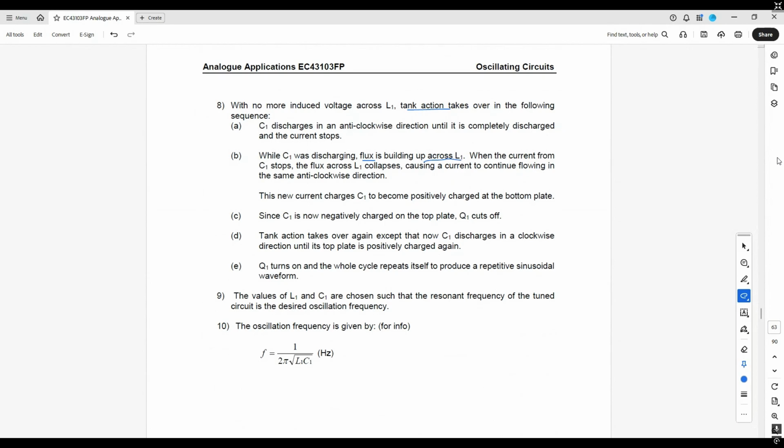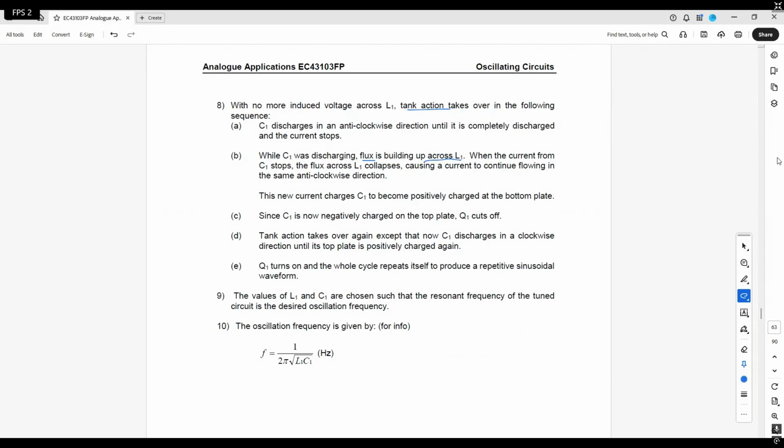Then now this so-called inductor, the L, will also start to collapse because just now it was building when the current was flowing through. Okay, so the current continues to flow in the same anti-clockwise direction. Okay, this new current changes C1 to become positively charged at the bottom plate.